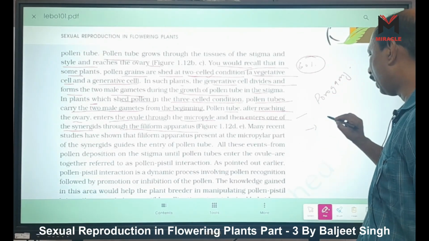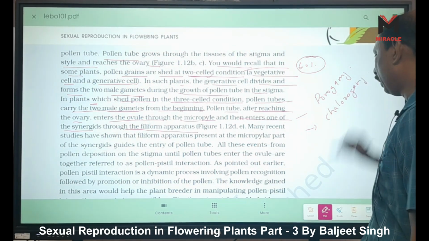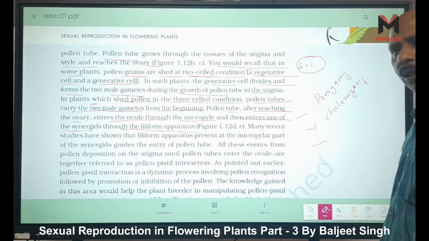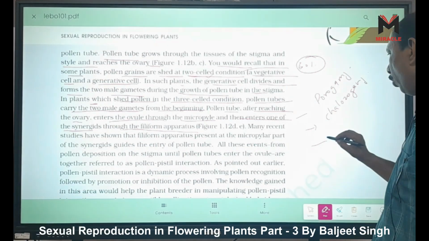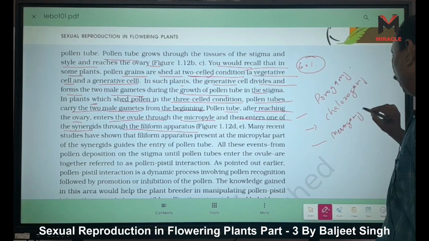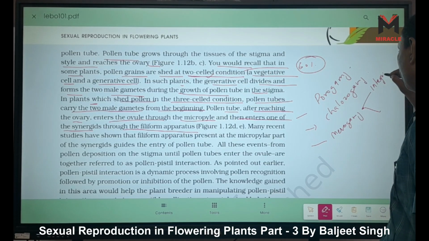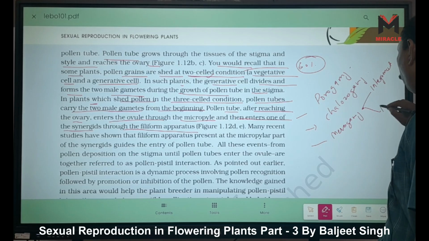If it enters through the chalaza, it is called chalazogamy, as for example in Casuarina. And the third is mesogamy. Mesogamy means it enters either through the integuments or through the funicle, right?